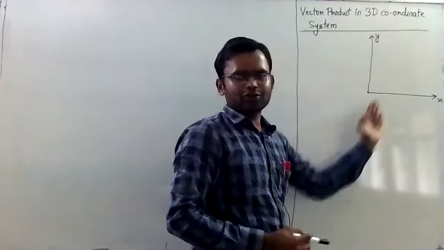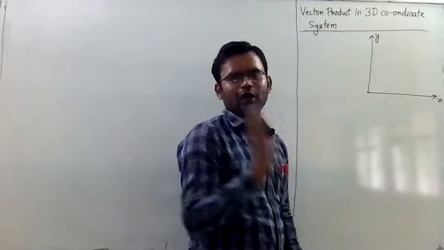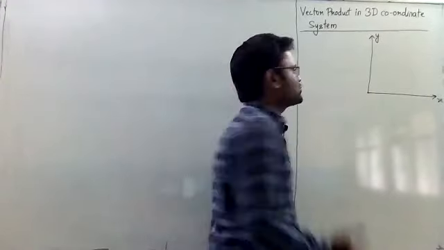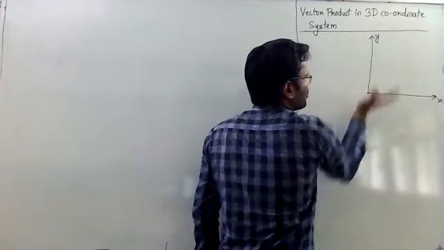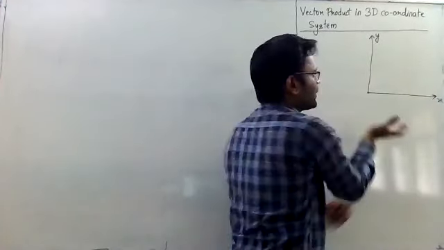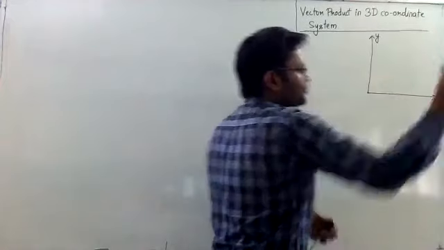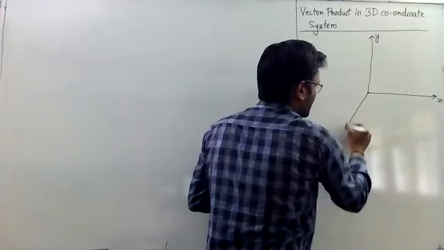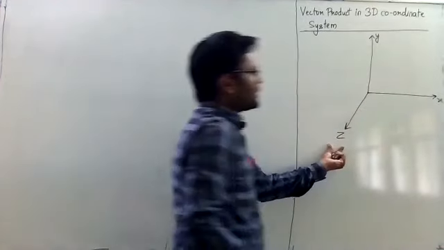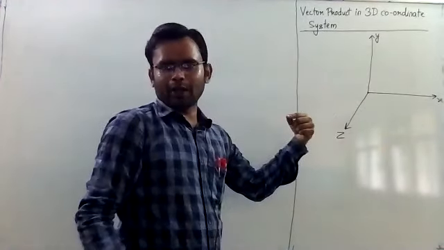How do we decide the z-axis? We decide that by the right hand thumb rule, from x to y. If I curl my fingers from x to y, then we get the direction of the z-axis. Since I cannot draw it like this, I am drawing the z-axis like this. Just remember that this z-axis is coming out of the plane.